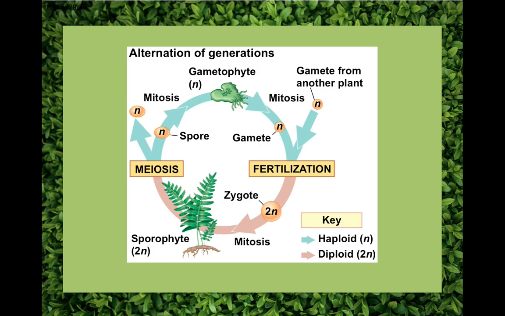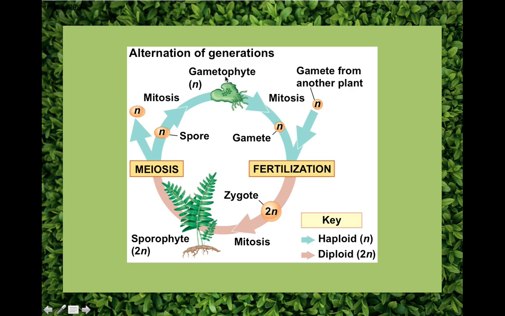So alternation of generations, as I just said, means we've got a haploid individual, which we call a gametophyte, or a gamete-producing plant. That's what gametophyte means. And a sporophyte, or a spore-producing plant, which is diploid. So meiosis is the process that makes diploid cells haploid. And in the case of alternation of generations, the cells produced by meiosis turn into spores. Spores then divide by mitosis to form a gametophyte, a multicellular plant.